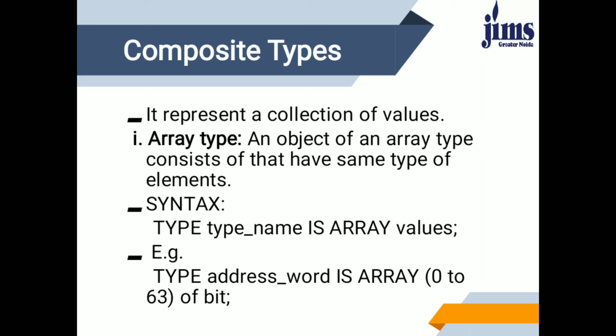The value of an array object is a composite value consisting of value of its elements. It is categorized by number of indices, the type, position and range of each index. The order of indices is significant.